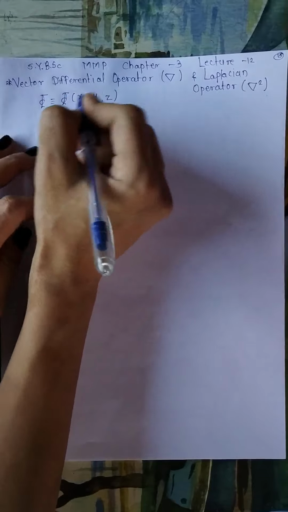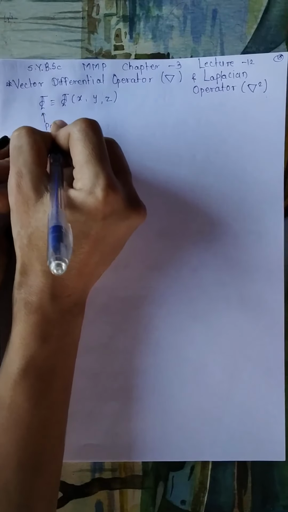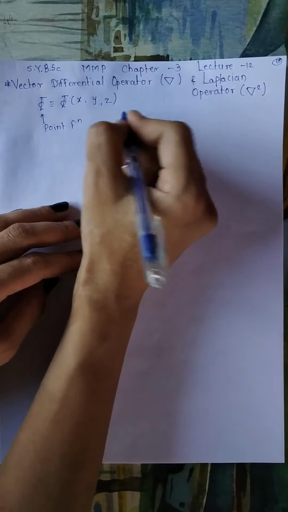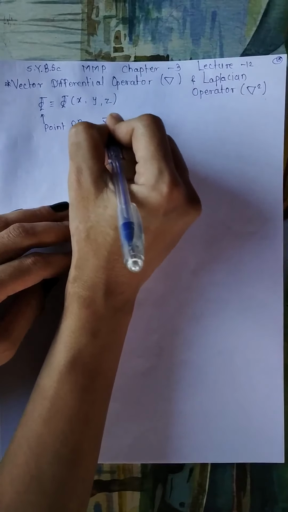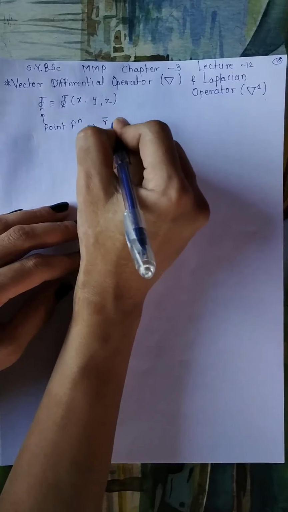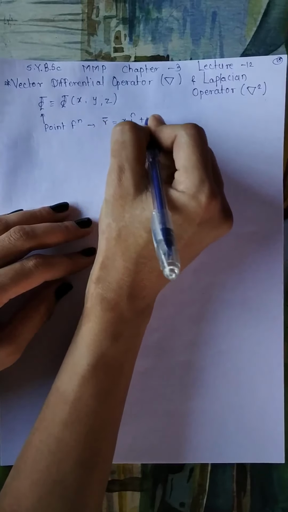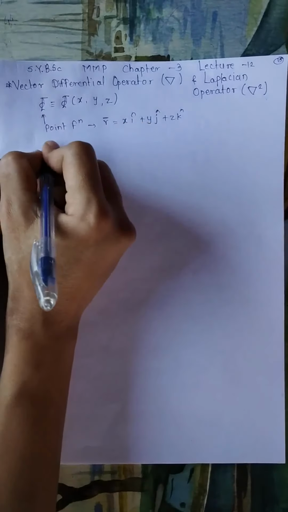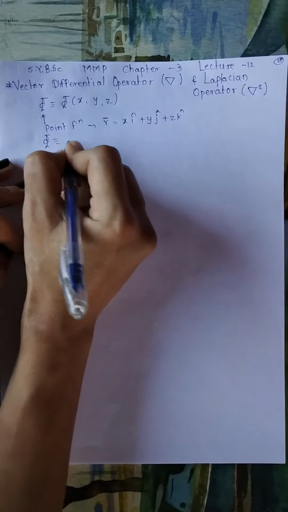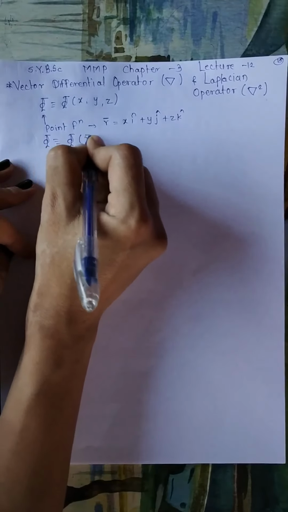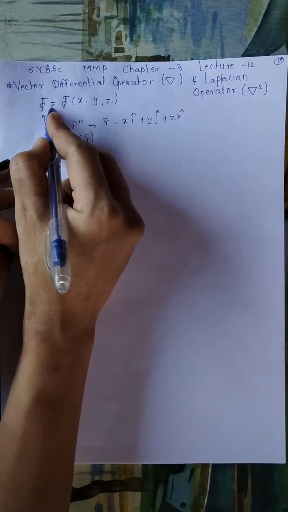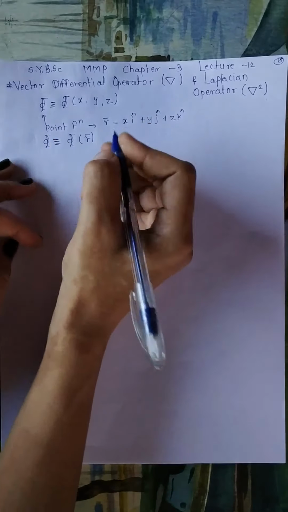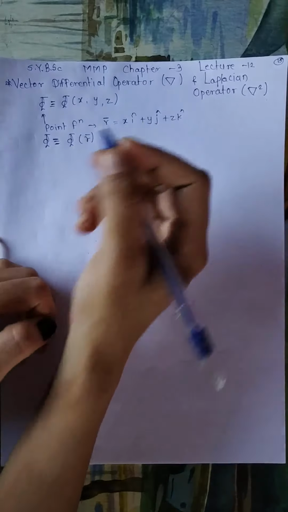If we consider this phi as a point function, then it is a function of the position vector r bar, which is given by x i cap plus y j cap plus z k cap. Therefore, we can also write phi as a function of r bar. The three lines here mean equivalent.